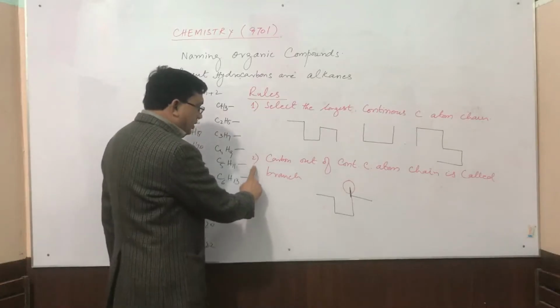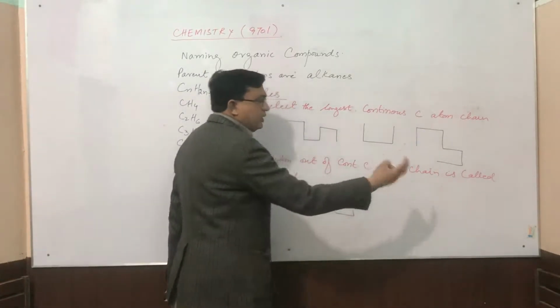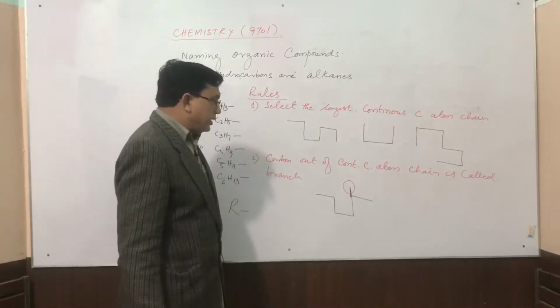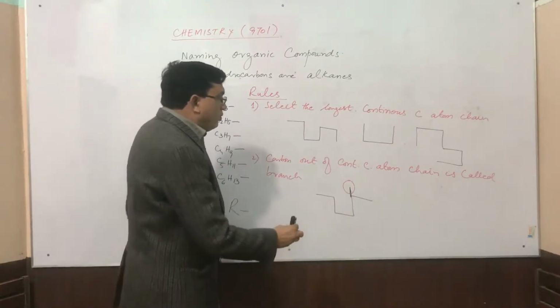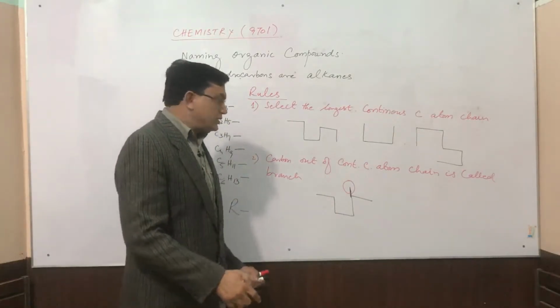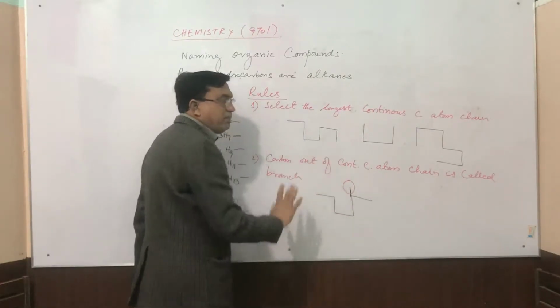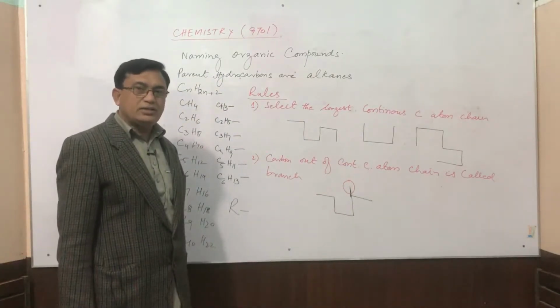Now the second point. Whenever we have to return back, or some carbon atom is out of the continuous carbon atom chain, that is called a branch.